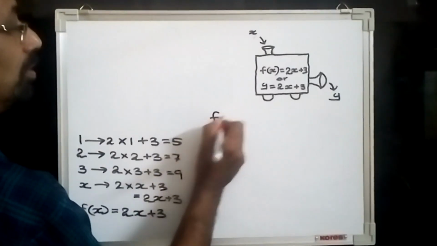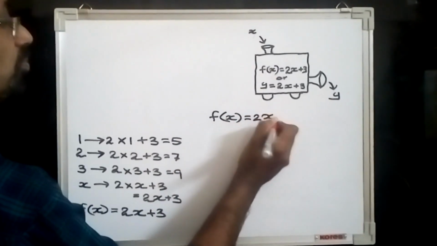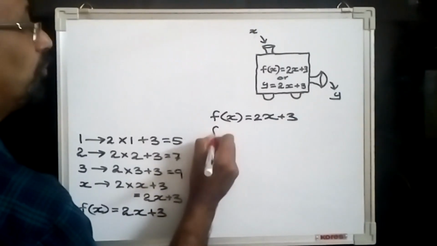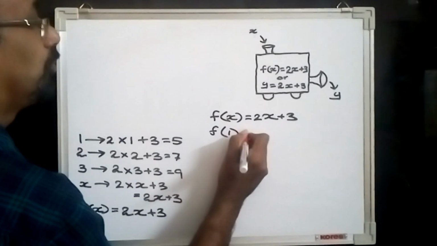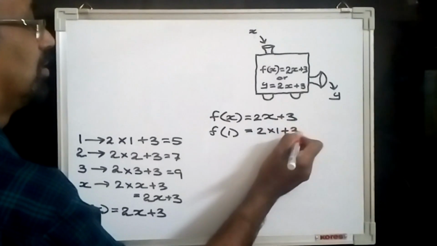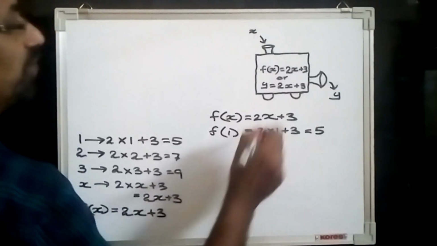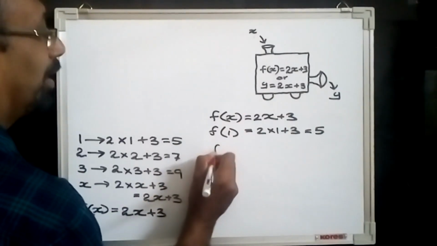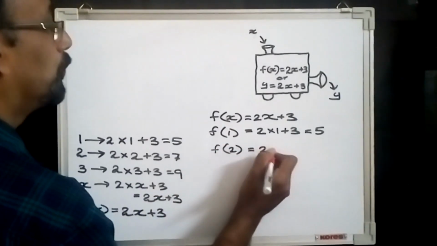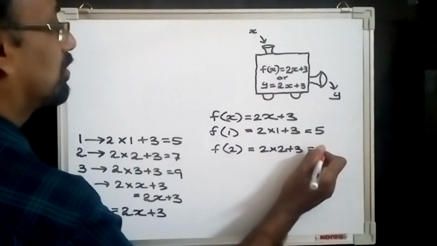When f of x equal to 2x plus 3, you know that f of 1 equal to 2 into 1 plus 3 equal to 5. When x equal to 2, we have f of 2 equal to 2 into 2 plus 3 equal to 7.